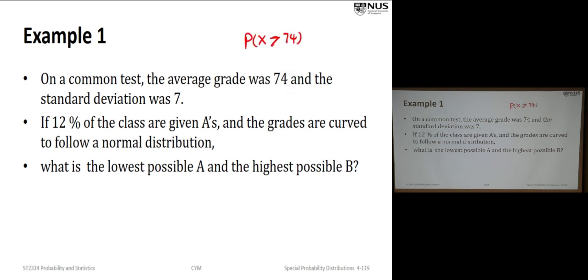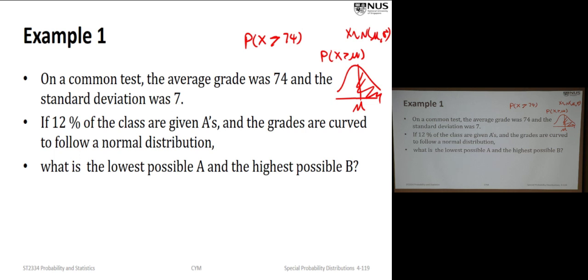What is this probability? No calculator, no computer, nothing. What is the probability of X greater than 74? The mean is 74, right? So I ask you, what is the probability of X greater than the mean while X follows a normal with mean mu and sigma square? Oh, the mean. What is this? Half, 0.5.